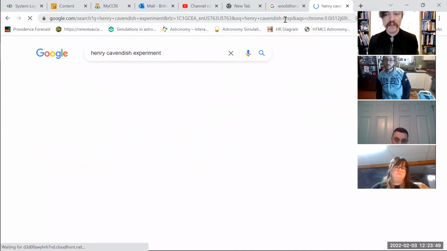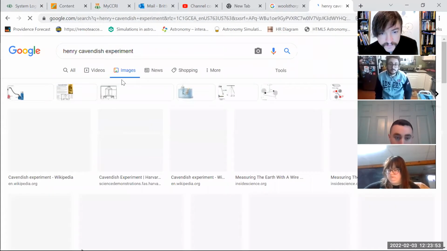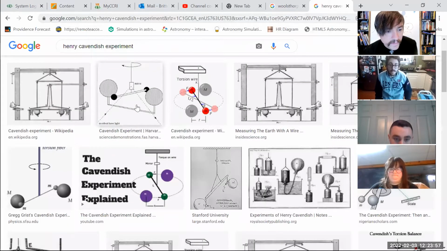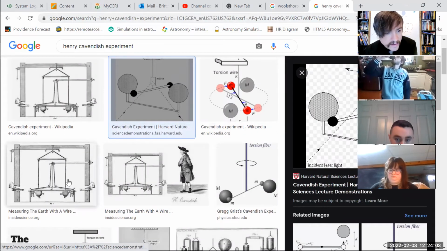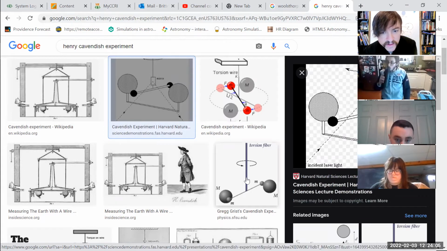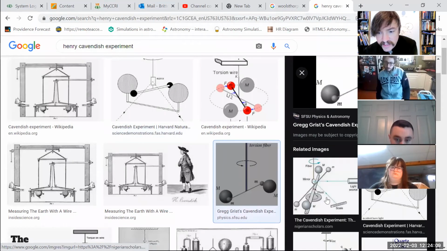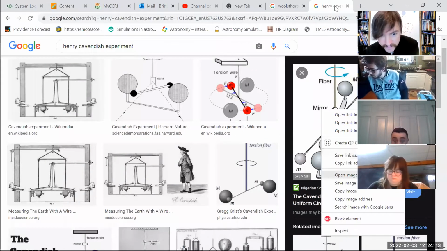He came up with a legendary experiment to measure the strength of gravity using something called a torsional pendulum. Here's a clean illustration.